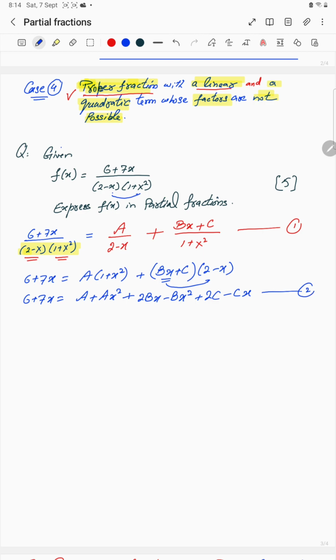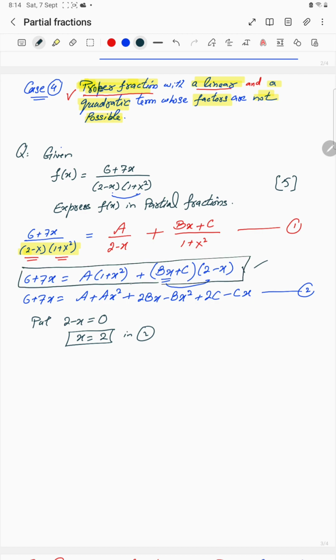Now, since the denominator has a linear term, put the linear term equal to 0, so x will be 2. Put it in equation 2, which we got after simplifying.